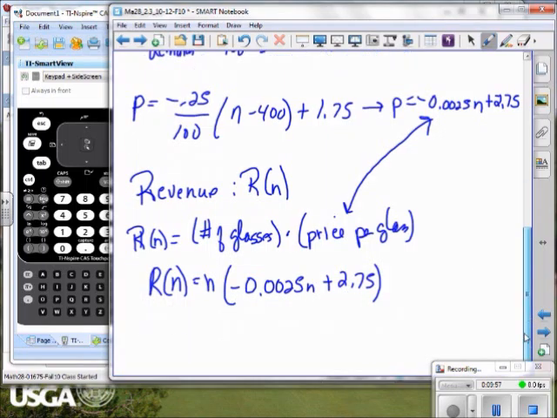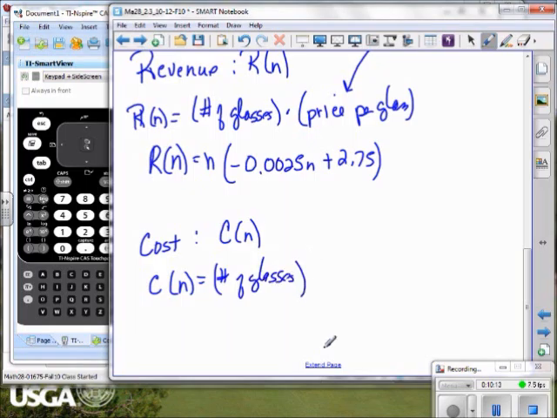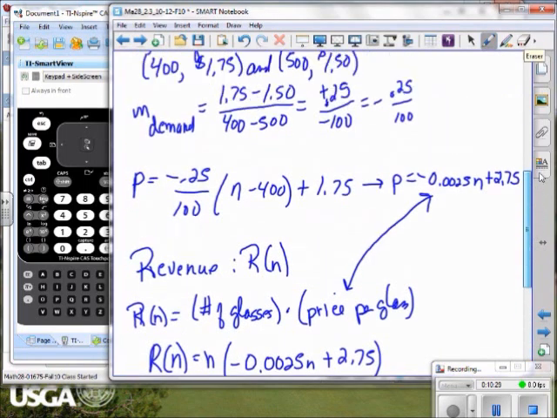Well, profit is revenue minus cost, so we better get cost up here. Cost is C of n, so cost is number of glasses times what? Yeah, so we have the number of glasses, then we have to build this cost function in here. Well, let's back up just a moment.